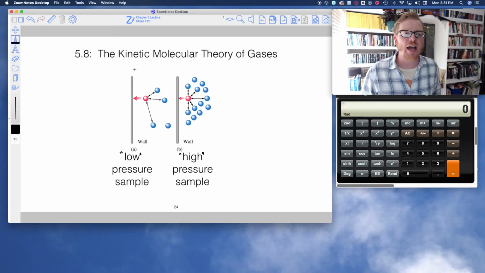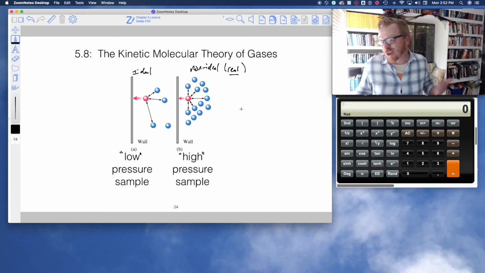So well, as it turns out, this is kind of a picture of an ideal gas, right? Low pressure, as it turns out, is very ideal, okay? High pressure is very non-ideal, or reality.